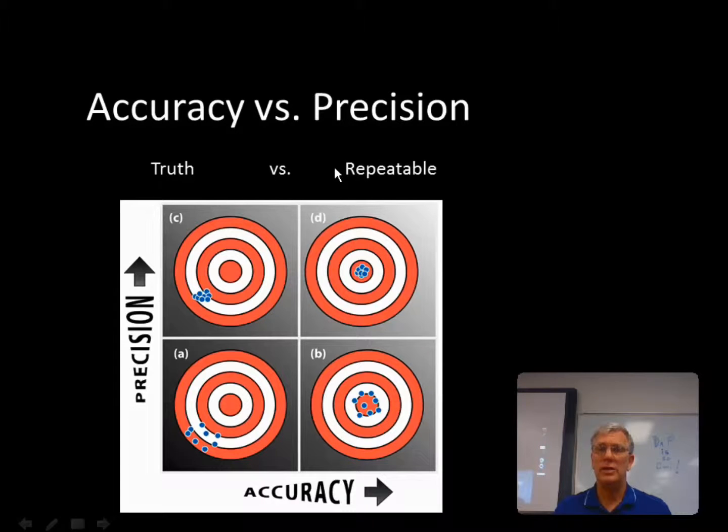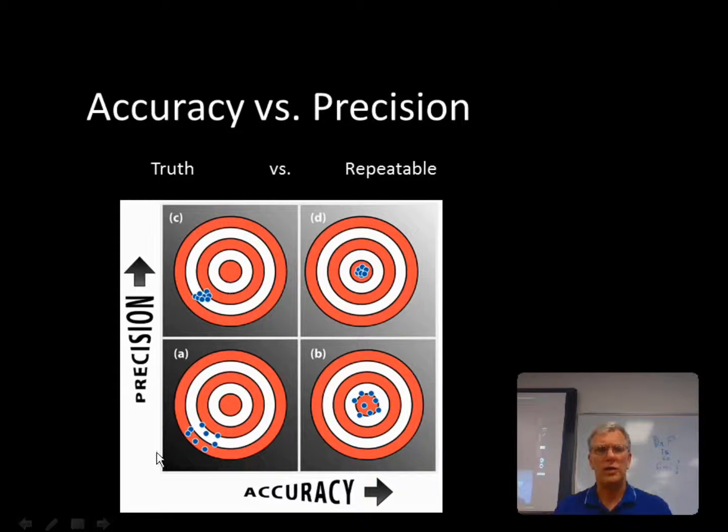This instrument is precise. It's giving us the same values repeatably. It's not accurate. It's not 100 grams, but it is precise. So this piece of equipment would need to be calibrated. We would need to reset this equipment so that it is measuring that weight to the true value, so that it is not only precise but also accurate.